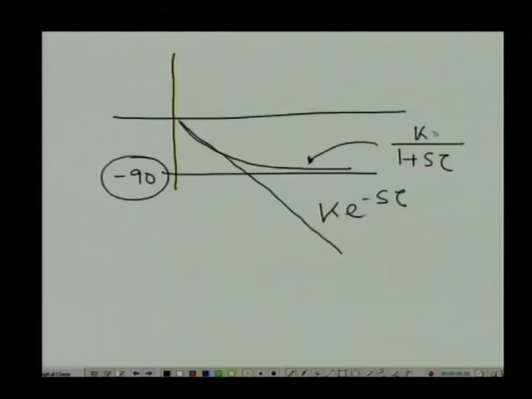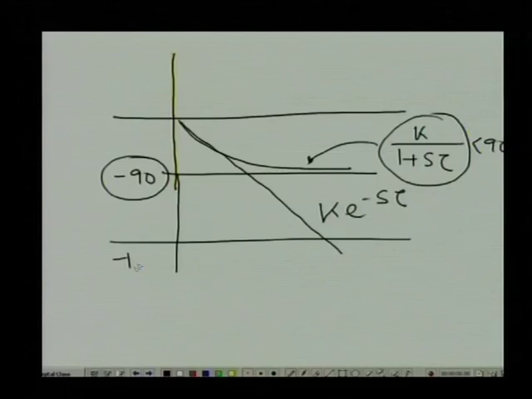So this means, for example, this system's phase is always less than 90, but for this system at some frequency it is going to cross the minus 180 point, which is the critical point for stability.